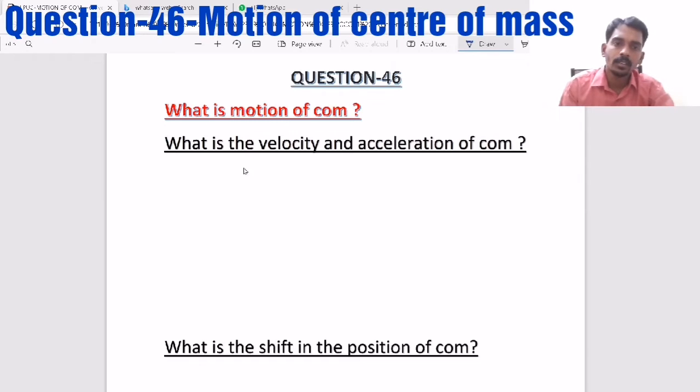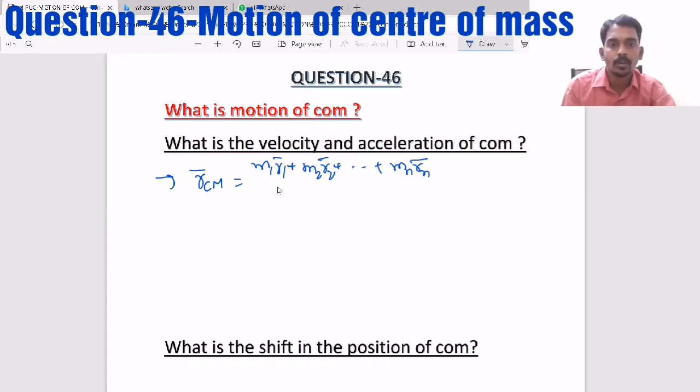So the very first thing we have to understand is the velocity and acceleration of center of mass. As we have seen already, the position of center of mass is m1 r1 bar plus m2 r2 bar, and so on to mn rn bar, whole divided by the total mass of the system, m1 plus m2 plus so on mn.